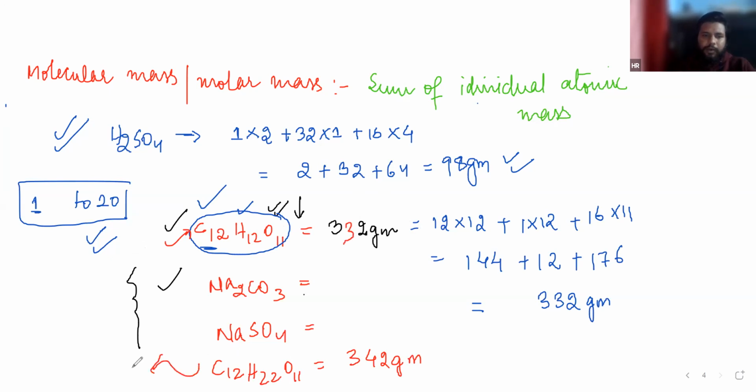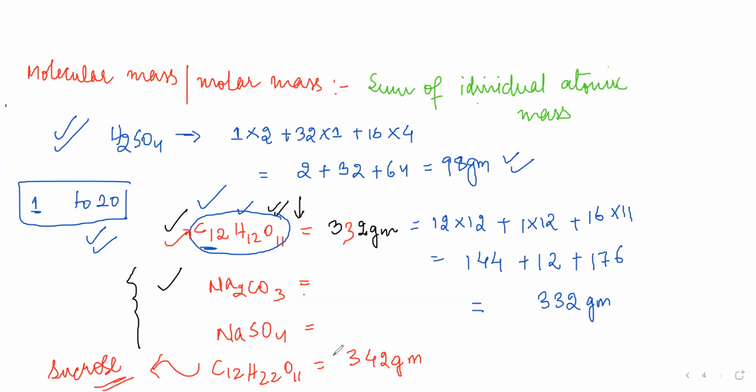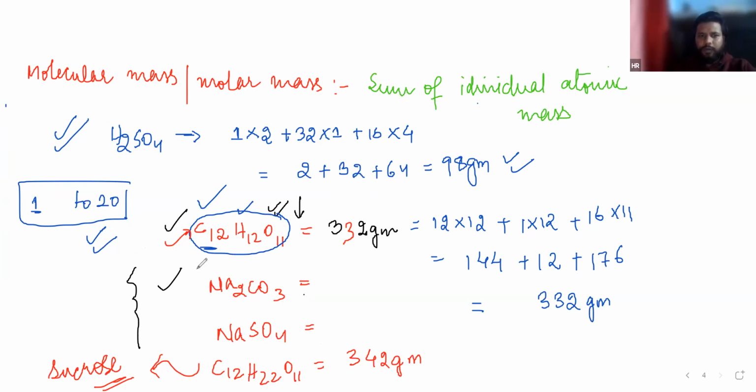Okay, and this is the formula of sucrose. Okay, Krishna, very good. I wrote the wrong formula. What is the mass of Na2CO3? Habiba? Akash?